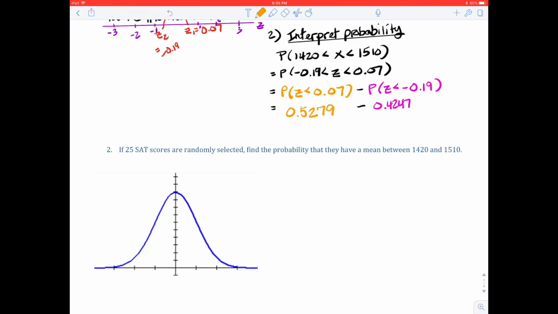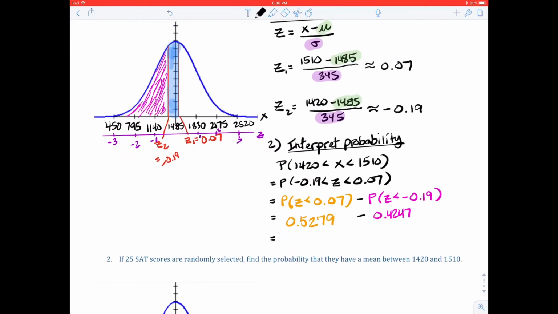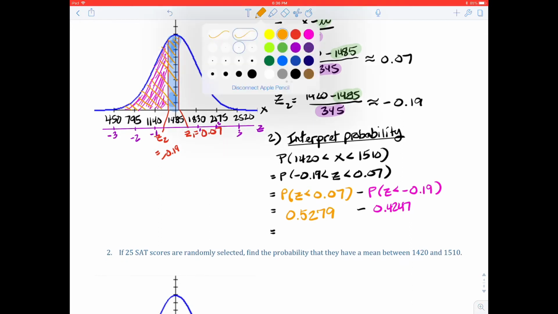And then when you find the difference between the two, we'll get our probability. So just that blue probability we were looking at. But notice that the probability that we just looked at was this orange one, which goes all the way to the left of that boundary line. So it's that blue region we're interested in.